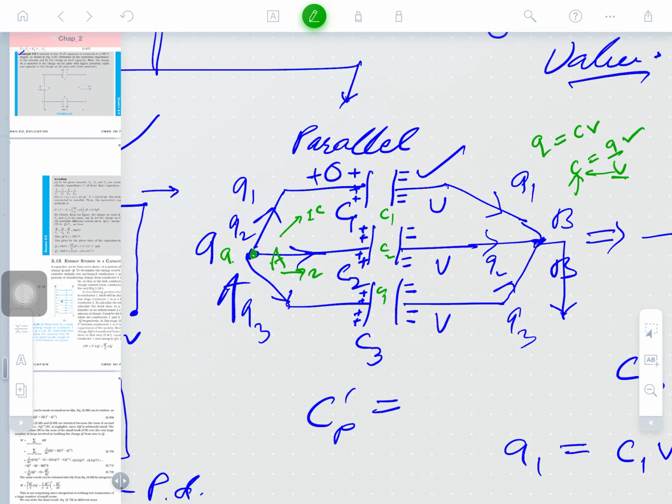If the capacitances are different, from terminal A they will acquire different amounts of charge, Q1, Q2 and Q3.